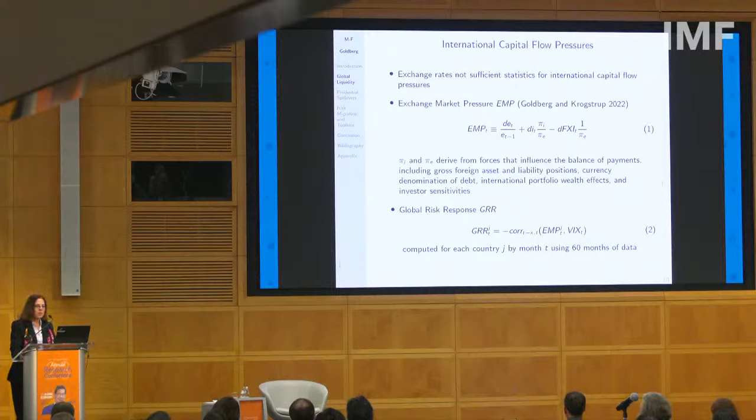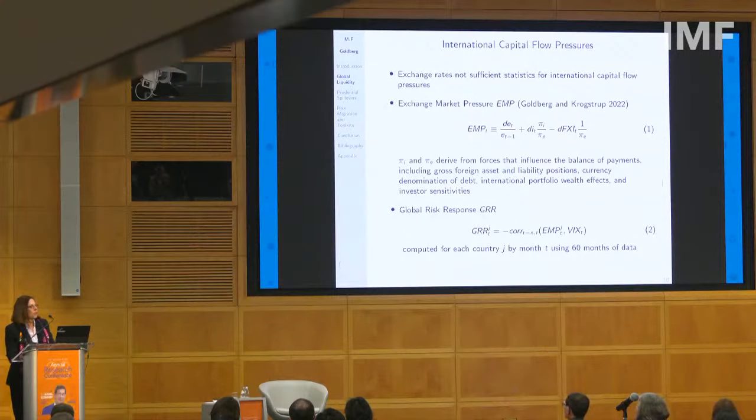It represents the quantity of currency depreciation avoided by every billion dollars or euros of foreign exchange intervention by country. It's country and time specific, and it depends on features like country-specific gross foreign assets and liabilities, the currency denomination of these positions, and the sensitivity of different types of investors to shocks.